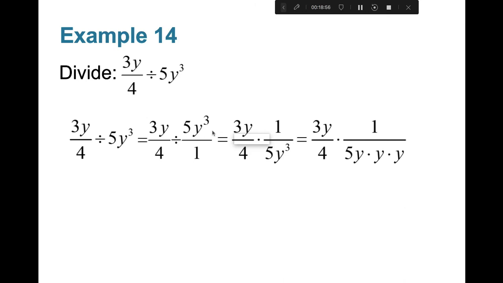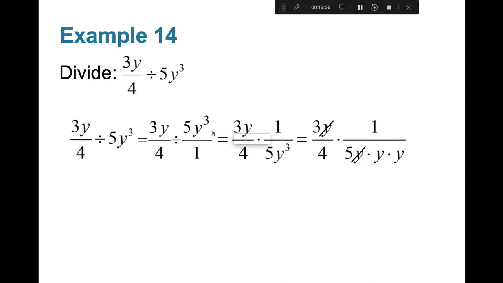So if I cross out one of those y's, how many y's does that leave me with? 2 on the bottom. So my bottom should read 20y squared, right? Because I still have to multiply my 4 times my 5. What is my top going to be?